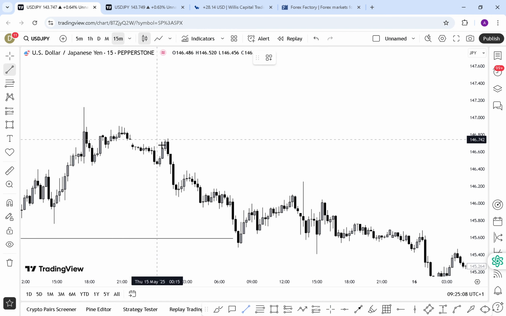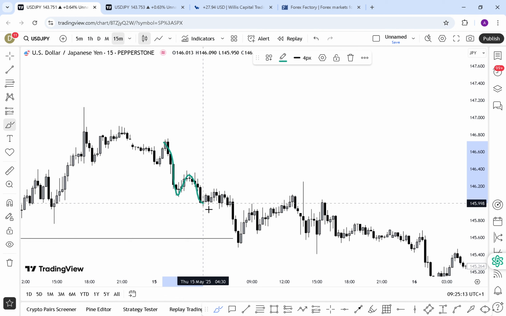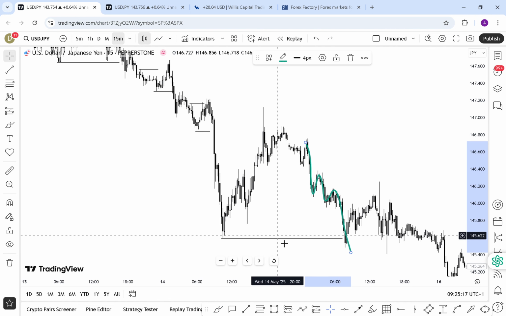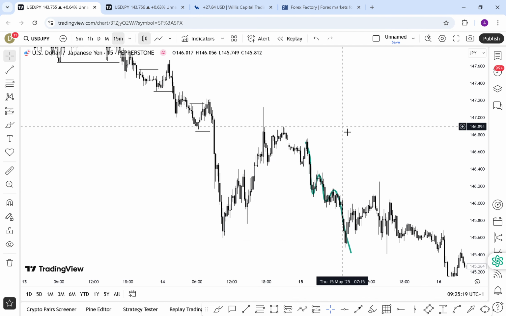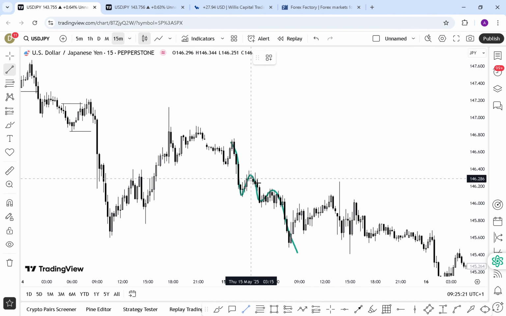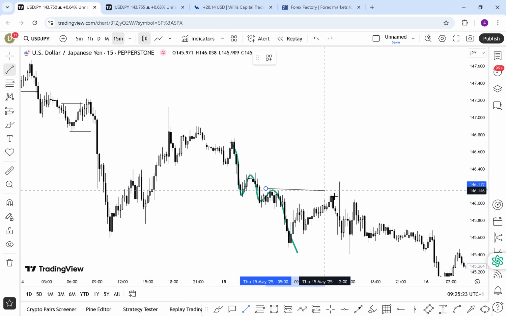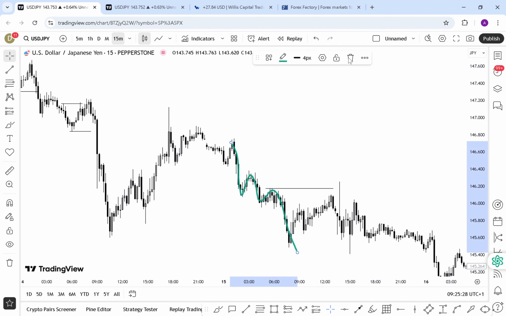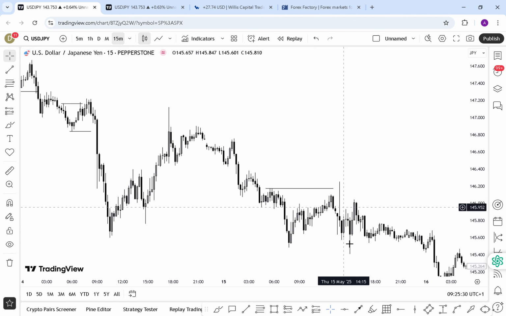Where is our last break of structure? Look at this. We have this, then the market dropped and broke this level. So this is not a break of structure, as I said. So where is our inducement? We wait for this level to be taken out. And as you can see, the market came there nicely, broke and took out this level and dropped.